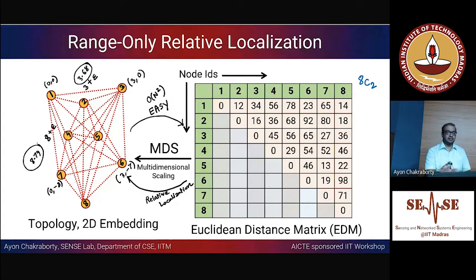So is this clear? Why the inverse problem becomes difficult, and the straightforward problem coming from the graph, right? If you come from the graph to the EDM, it is an easy problem. But going from the EDM to the relative localization, you need to use certain techniques, right? It is not as trivial as computing the EDM from the graph.